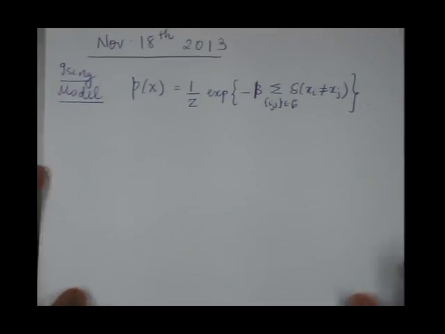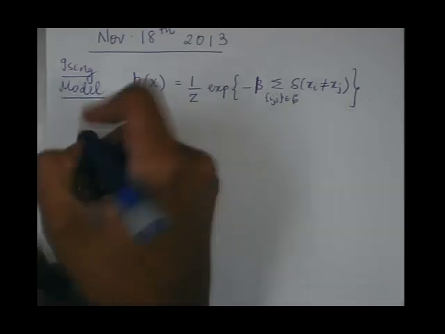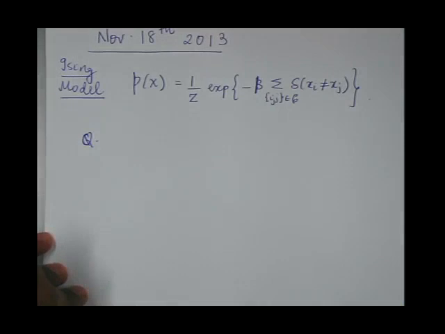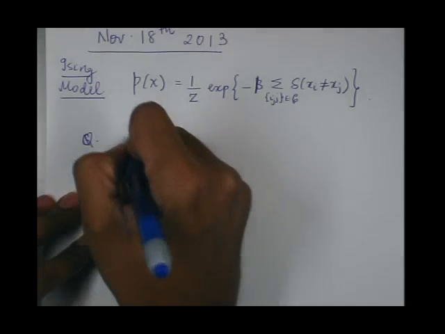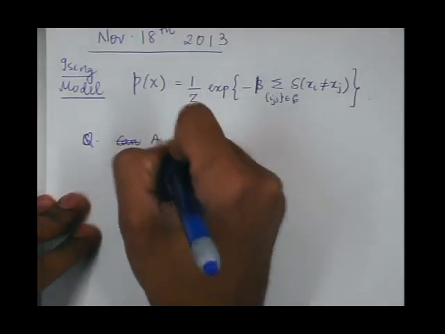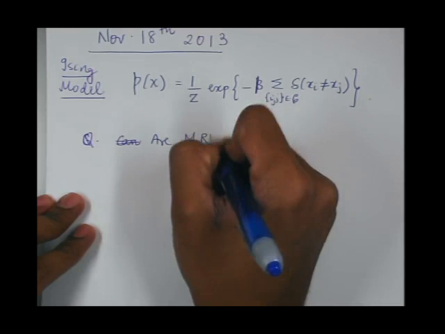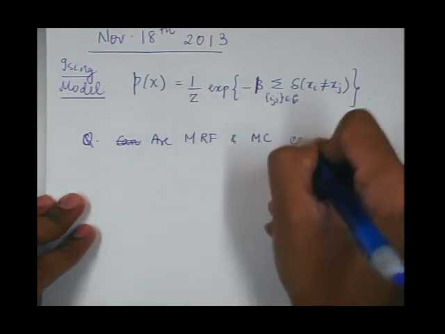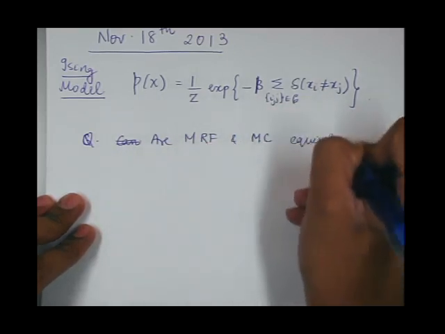We've looked at the Ising model, and we know the Ising model has a Gibbs distribution, and therefore it's a Markov random field. So the question for today's class is, are Markov random fields and Markov chains equivalent in 2D?